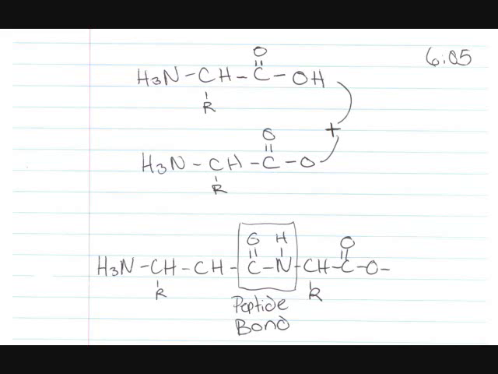All right? And when we get a peptide bond, what happens is we end up basically tying the two amino acids together. We get a molecule that looks like this, two amino acids put together, and this is the peptide bond.